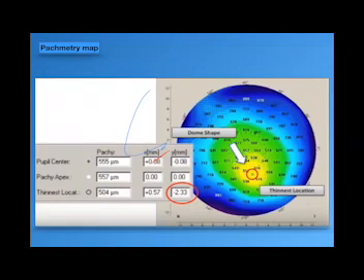So this pachymetry map is highly suspicious and is an abnormal map. And this patient is not a candidate for refractive surgery. And I'm sure that you will find abnormality in the curvature map of this patient. And if you get the corneal hysteresis of this patient, you will find it below normal.